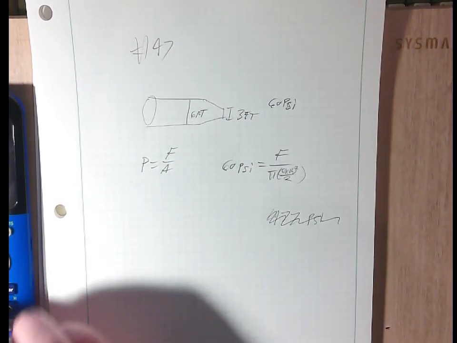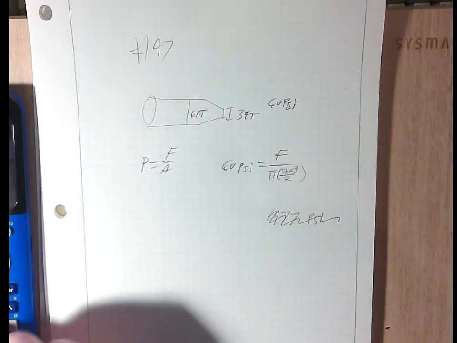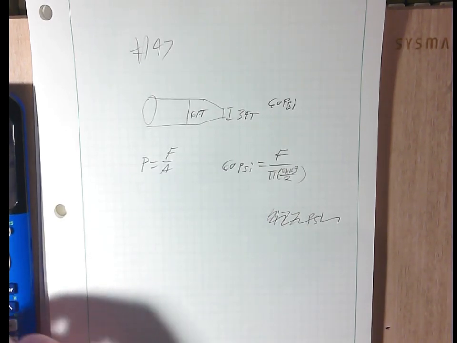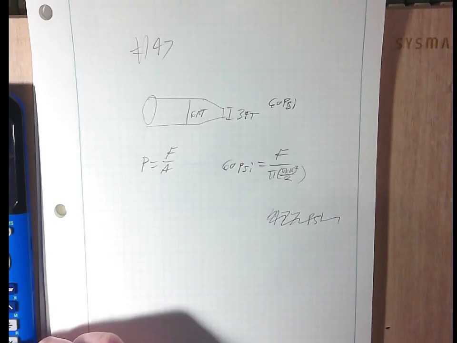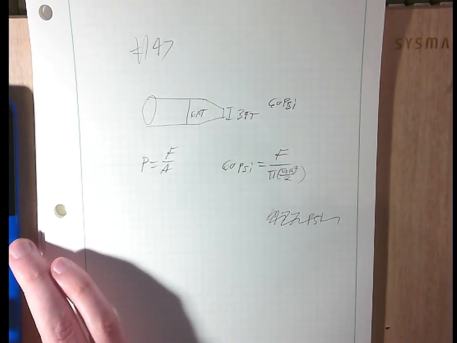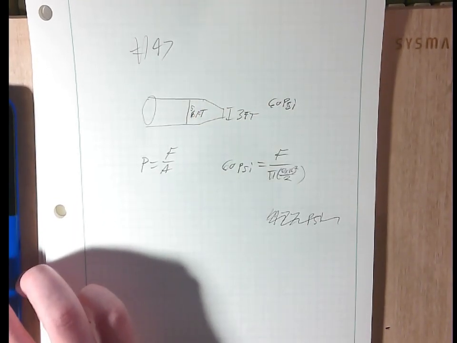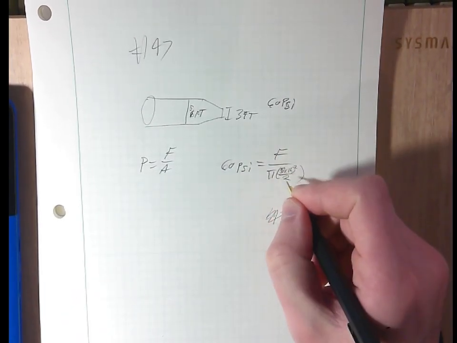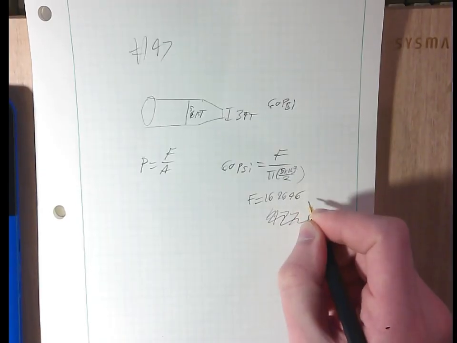60 times pi times 6 times 12 over 2 squared. Oh, sorry. It's 5 foot. I was about to say, this answer is off, but I know I'm right. Here we go. 5 foot. This means that F is equal to 1696.46.